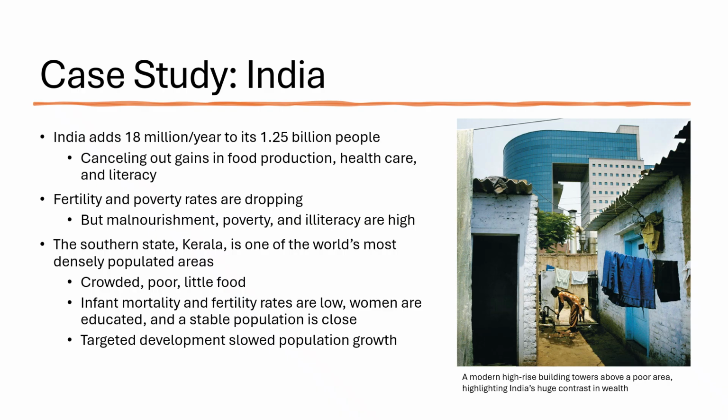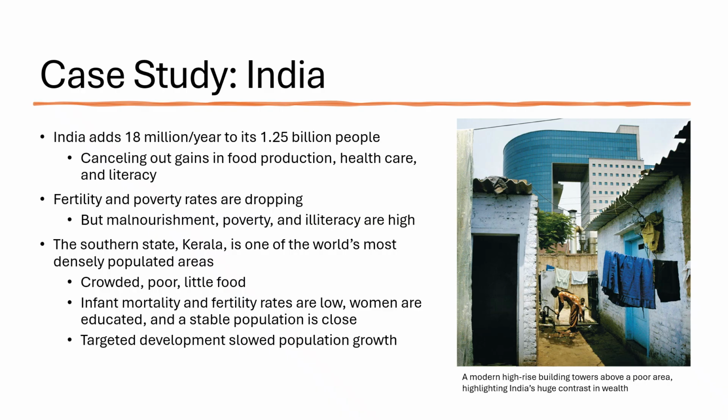In order to address this issue, some of the states in India, for example Kerala, one of the most populated areas on earth, are putting in place policies to really help the population. They do what we call targeted development, and the goal is really to slow down the population growth.